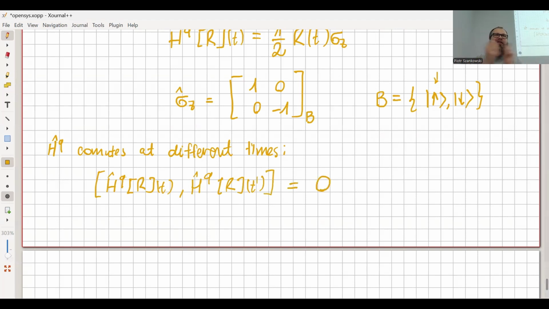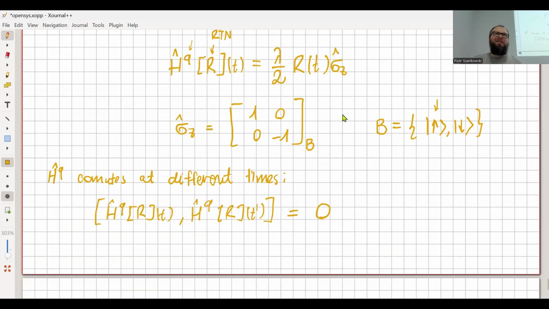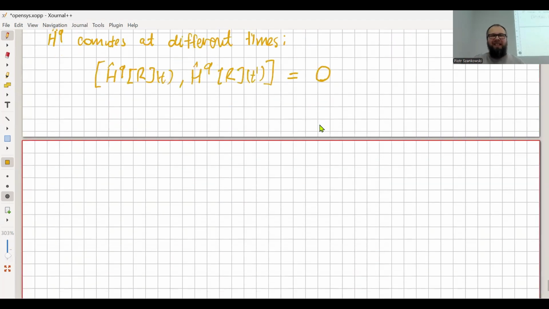They commute with each other, so you can reorder them as you wish. And if the Hamiltonian commutes like that, it automatically implies that the superoperator, the super generator, also commutes.